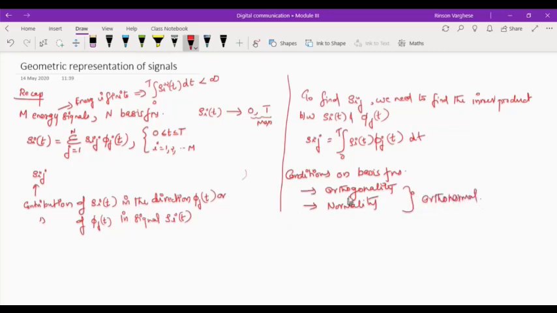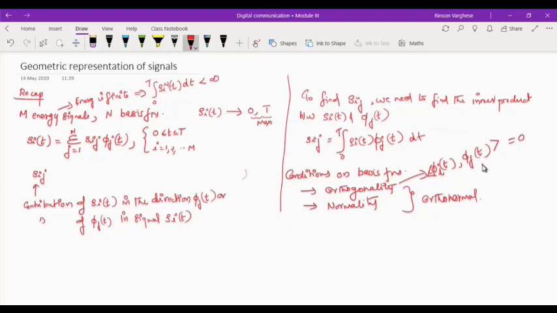Which means bases should be orthogonal, that is, the inner product between phi i of t and phi j of t is 0, for any values of i and j except i equal to j.